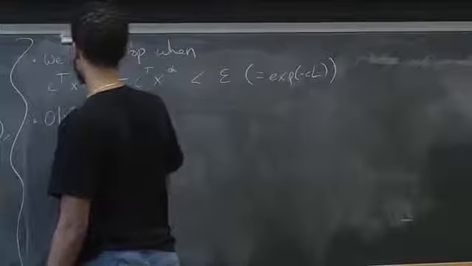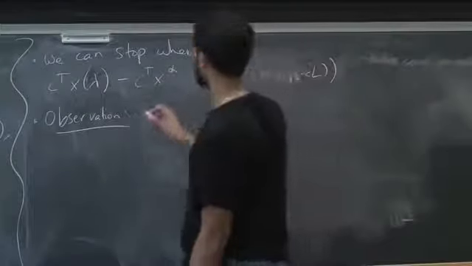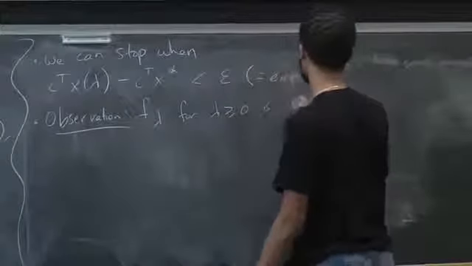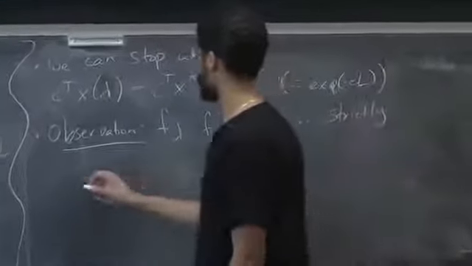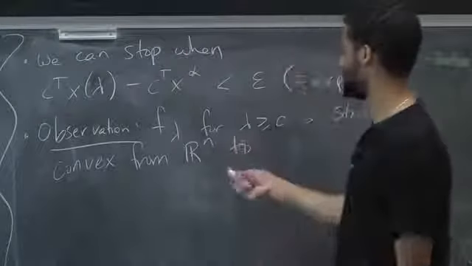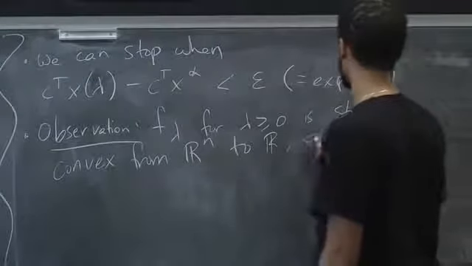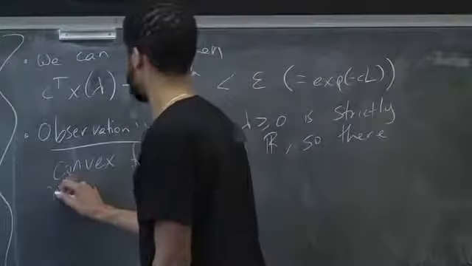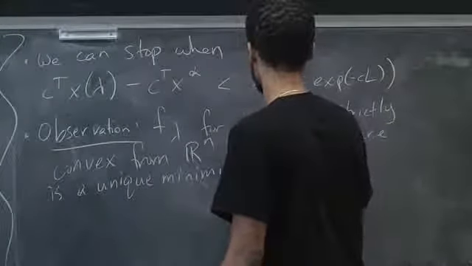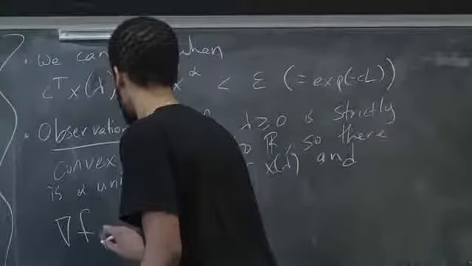One observation is that this function, this is now calculus, so f lambda for lambda greater than or equal to 0 is strictly convex as a function of the x's from R into R. So there is a unique minimizer x of lambda, and the gradient of f sub lambda at x lambda will be 0.